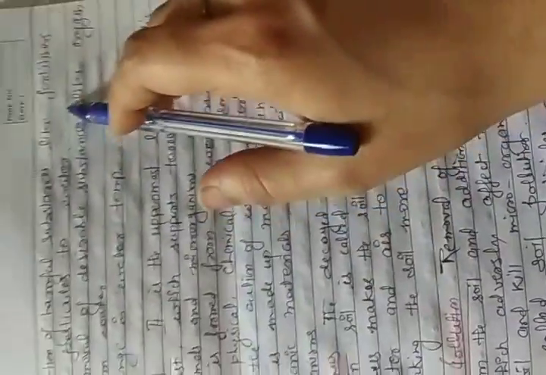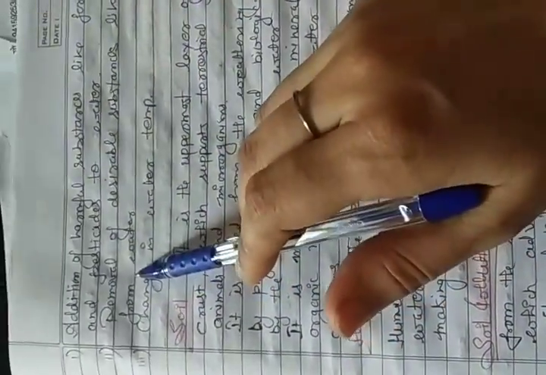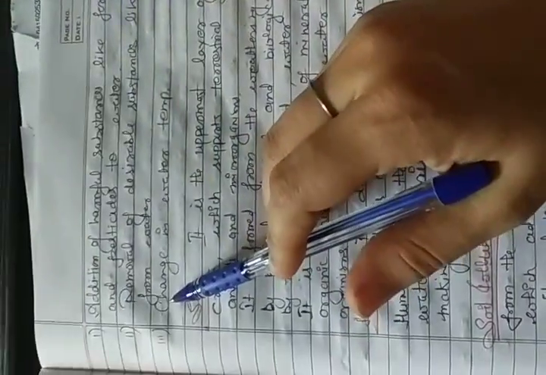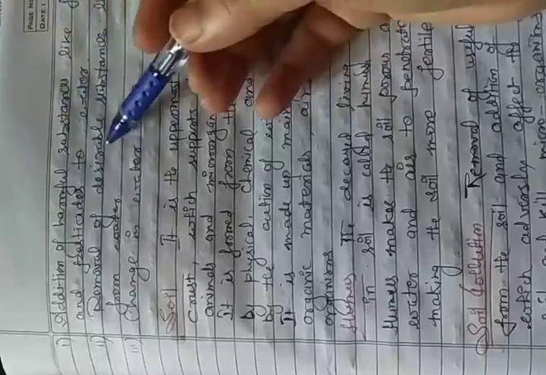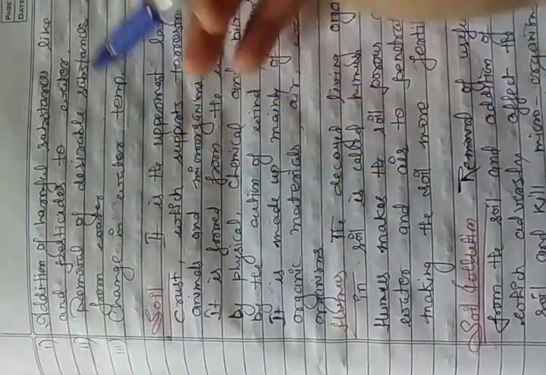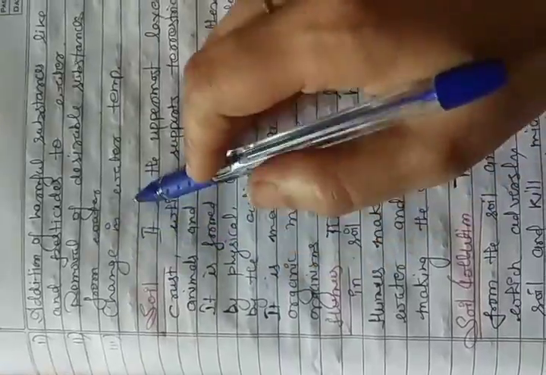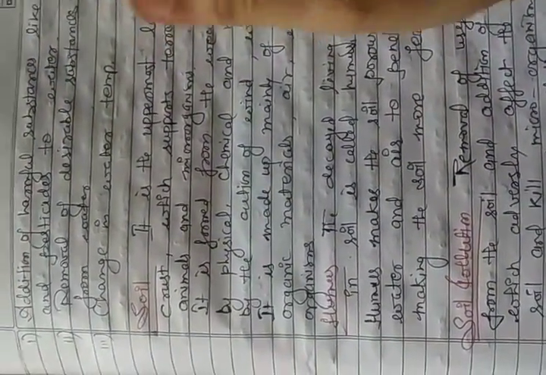It is very harmful for us, fertilizer and pesticide, because they are chemical products. Then removal of desirable substances like oxygen from water, as I told you, if biological oxygen demand is less, then it also gets polluted. Change in water temperature. So these are the causes of water pollution.